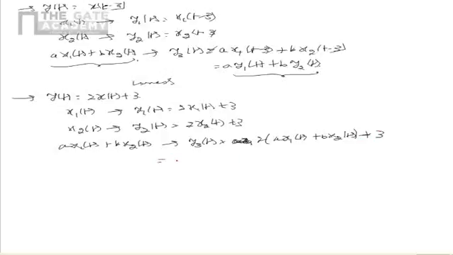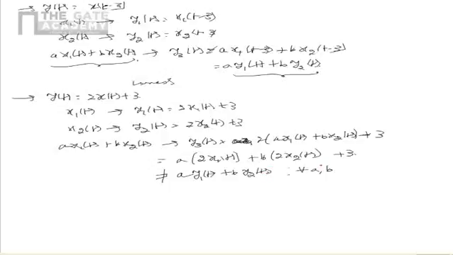So if we further reduce, this can be written as a times 2x1t plus b times 2x2t plus 3. This is definitely not of the form a y1t plus b y2t for every a and b. So from this we see that for linear combination of inputs we are not getting a linear combination of the outputs. From this the given system is non-linear.